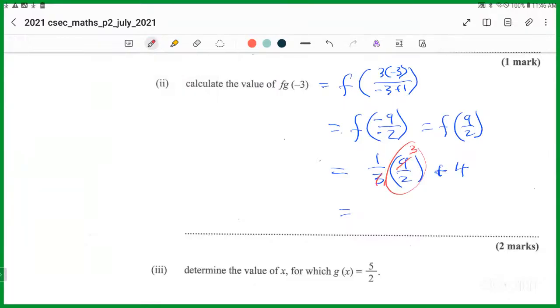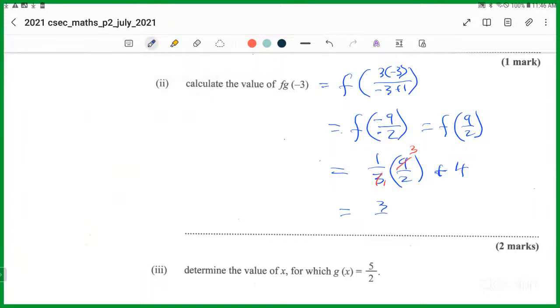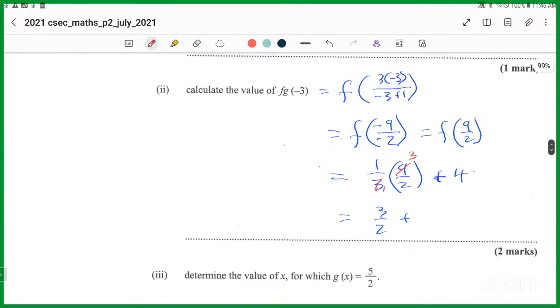So this becomes 3/2. And then turn the 4 into a fraction over 2. What we can do is multiply it by a 2 and divide it back by a 2. So it becomes plus 8/2, 4 times 2 is 8, 8/2. 8/2 is still 4. Then we consolidate, the 3 and the 8 is 11 over 2. That's 11/2. That's the answer right there.